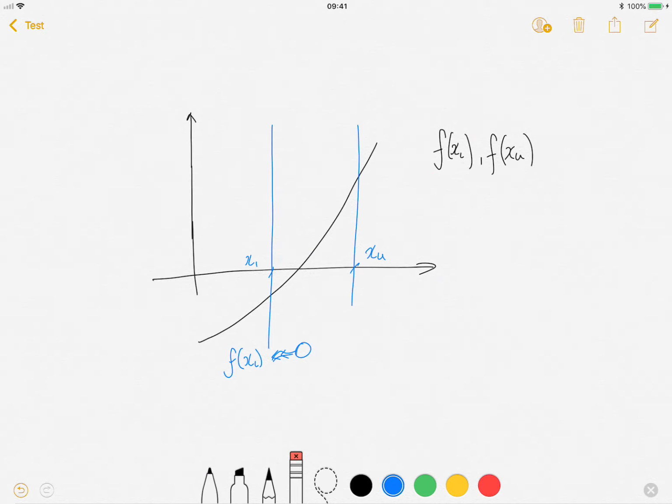And this might help us to optimize our solution technique. So we can exploit this graphically.